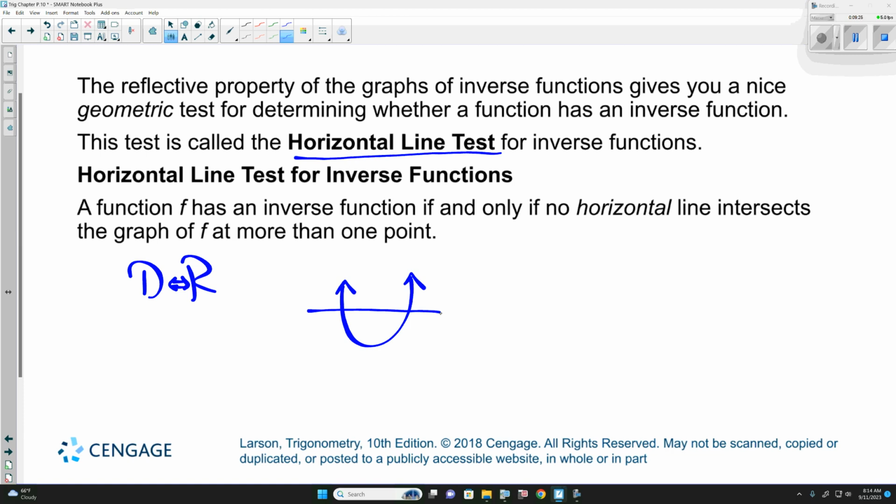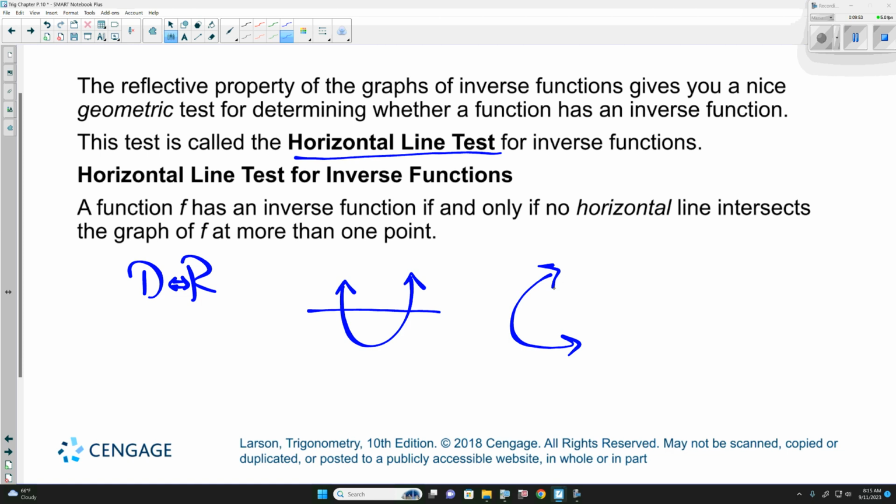But if I'm switching the domain and range, that single y value that crosses at two spots is now the domain, which means I now have one x for two different y's. Does that make sense? Because we're taking this and flipping it to be this, which now this function here fails the vertical line test and doesn't work.